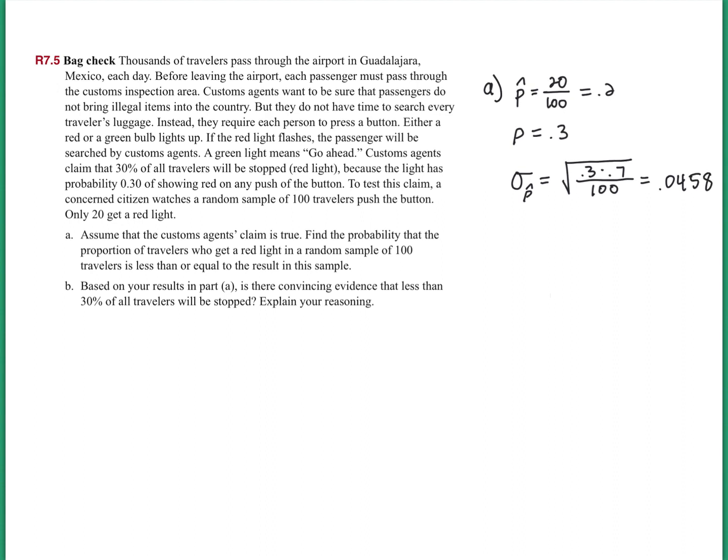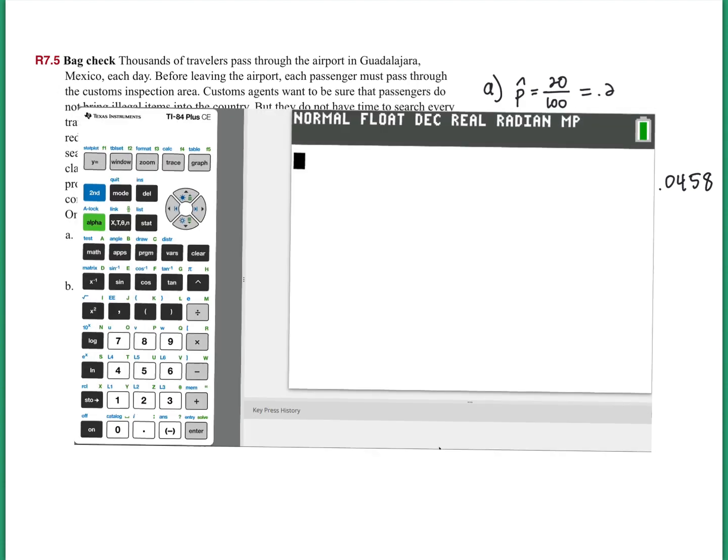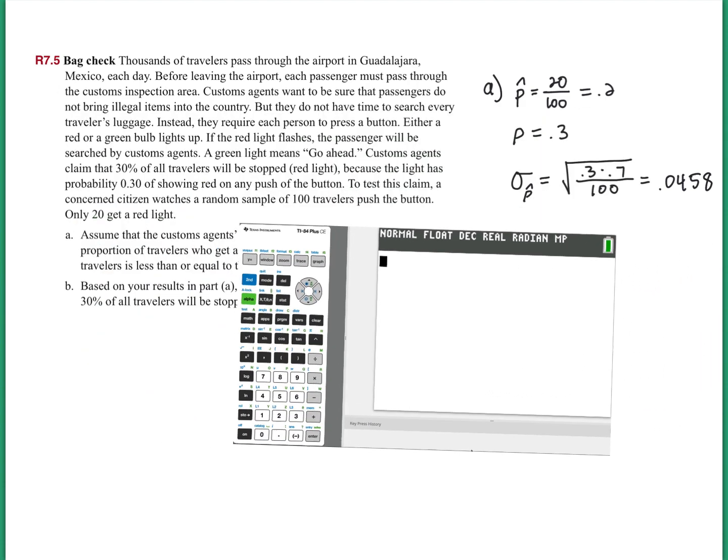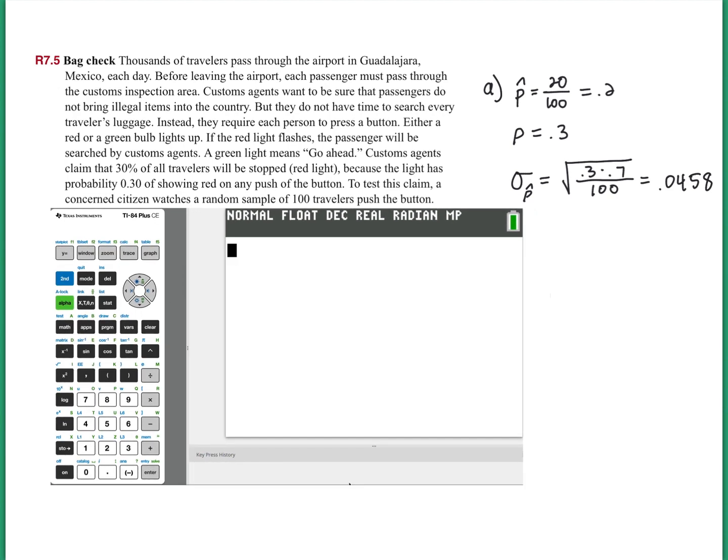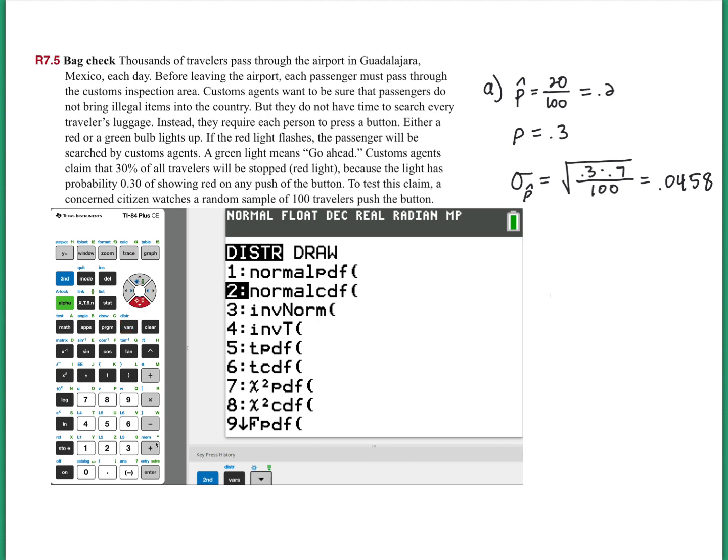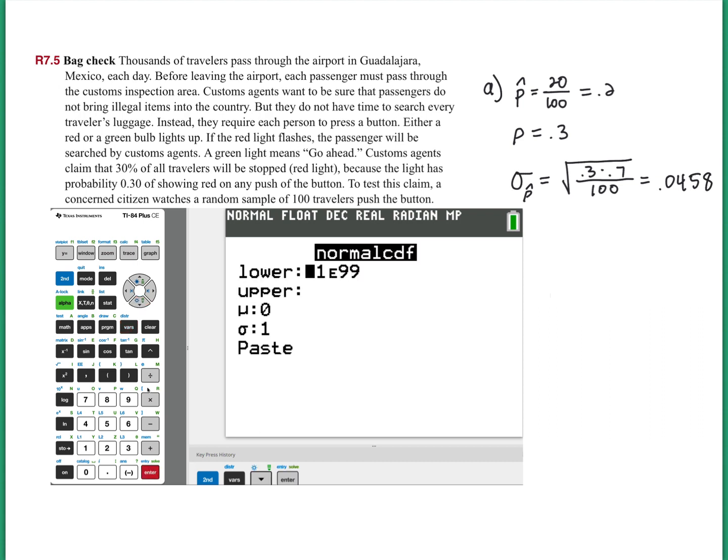Okay, so now we have everything we need for the calculator. Let's plug this in. Normal CDF. Lower, we'll leave that as negative 10 to the 99. Upper is 0.2 because we want to see the probability of this or more extreme, which is less.